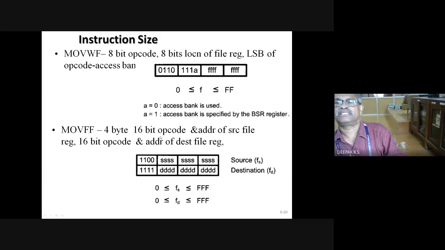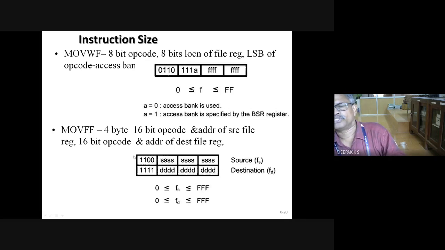and 16 bit opcode and address of source file register. So this is 16 bit opcode and address of source file, and 16 bit, this totally 16 bit. So this is an opcode and this is the address of source file, this is an opcode and this is the address of destination file.